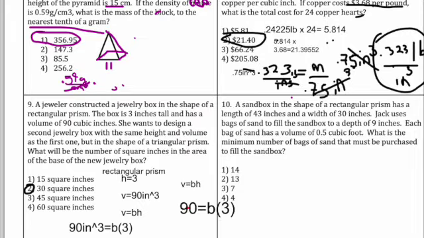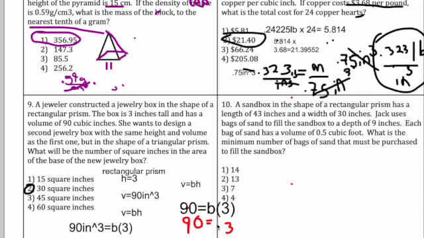Okay, so our base is this triangle, and we just need to know the area of it. We know that the height of this prism is going to be 3, and we know the volume is going to be 90.